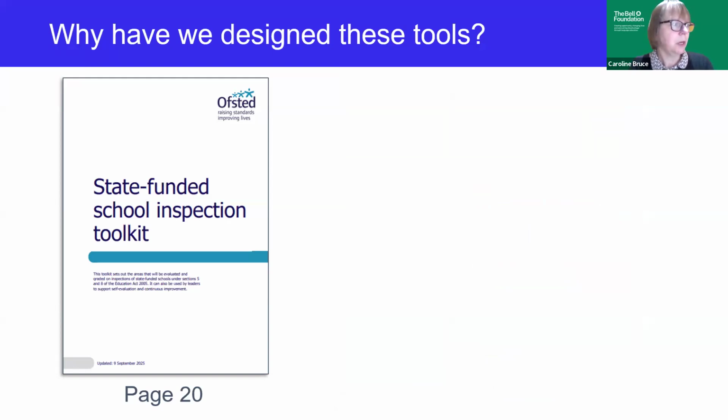And we thought it would be useful to briefly take a closer look at the Ofsted toolkit. So if you haven't already seen that, it is on page 20. I'll share the link shortly.